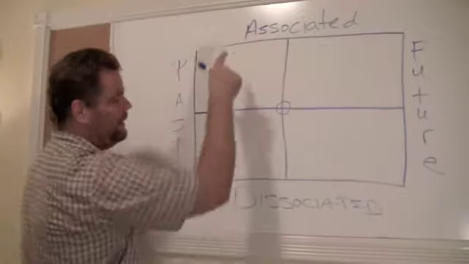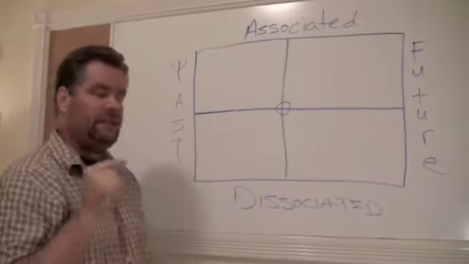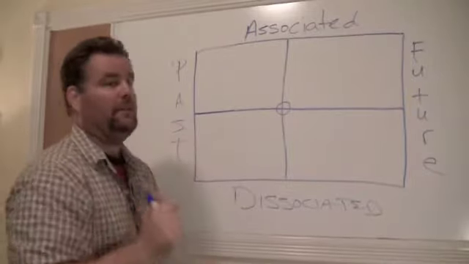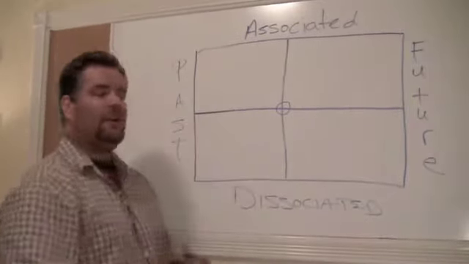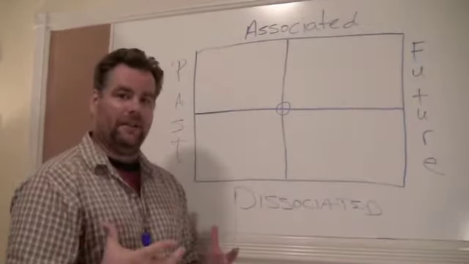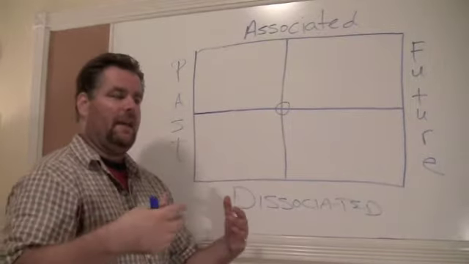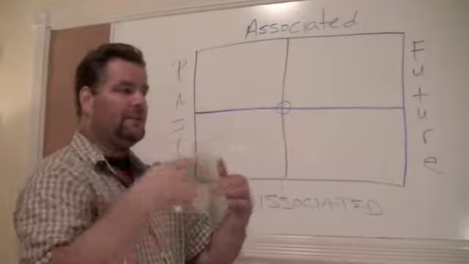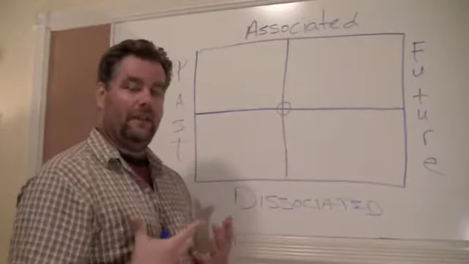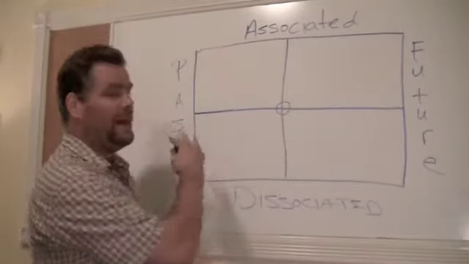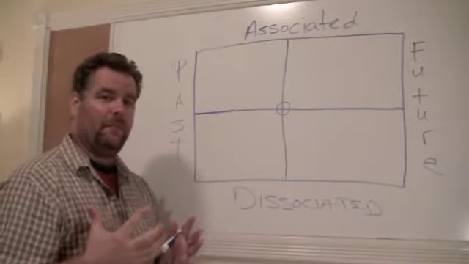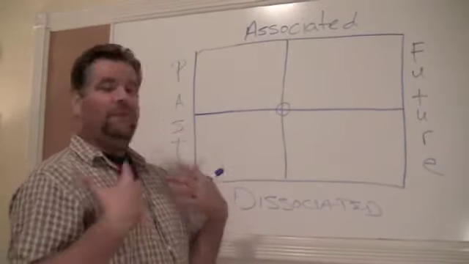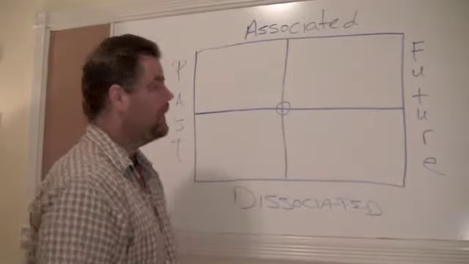Simultaneously, we can be either associated or dissociated. These are NLP terms, and they're really quite simple. When I'm associated, I'm caught up in my experience. I have the feeling component of it. I'm seeing through my eyes, hearing through my ears, feeling in my body. So if I'm in the past, I'm associated with a past memory, I'm reliving the memory and I'm feeling what I felt at the time.